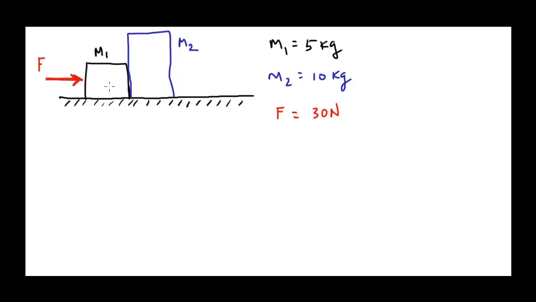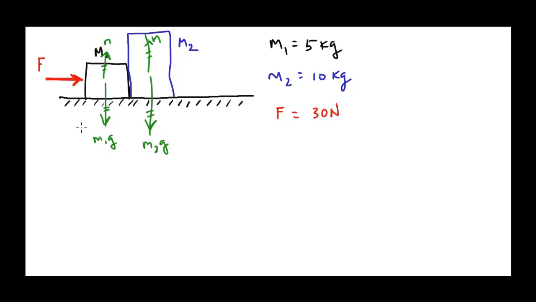There's going to be gravitational pull on M1 and M2, but the normal force upward is going to cancel them out. So there's a normal force N and a gravitational force, M1g and M2g, and these cancel out, so they're irrelevant.